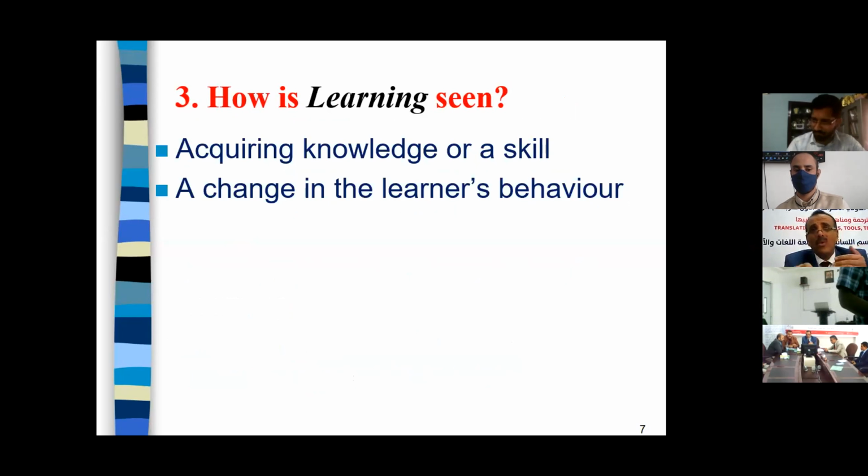And then we sometimes see a change in the learner's behavior, though it is a traditional term. We can also say a change in their mentality, a change in their skill, a change in their abilities. If we see that kind of change in their abilities, we can say that there is learning. But if there is no change, no improvement in the learner's skills, abilities, then learning cannot be seen.